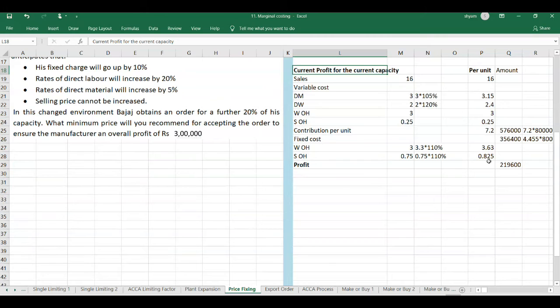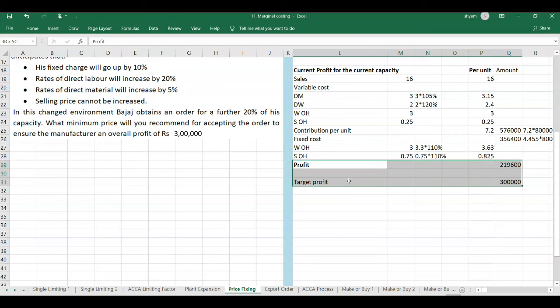So the company already has 2 lakh 19,600. So the required, the target profit is 3 lakhs, right? It's 3 lakhs. So I think we can take both these here.